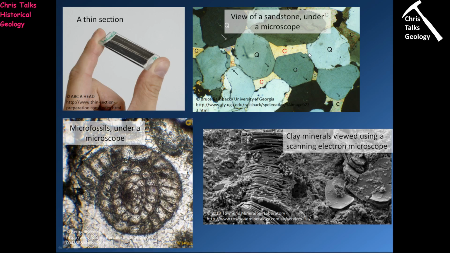So, analysis using a microscope can be extremely helpful. Another thing that looking down a microscope can do is allow us to see microfossils. Here we have a foraminifera, which is a little single-celled organism that floats around in the water. The foraminifera has a very distinct spiral shell, and different species of foraminifera will have shells which are completely different in appearance.